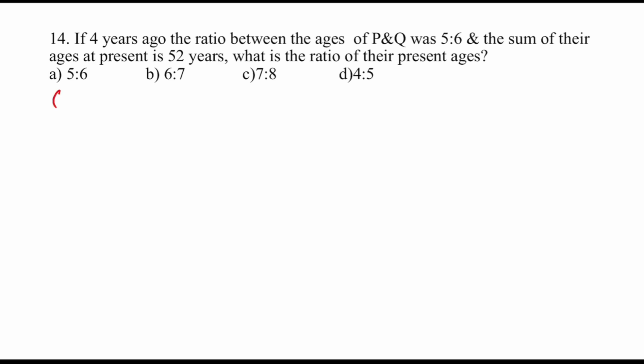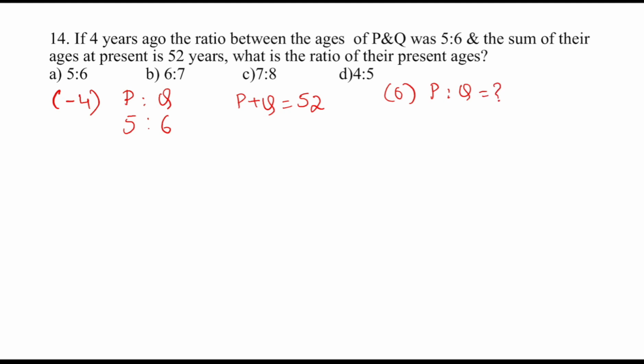Now 4 years ago, the ratio between P and Q was 5:6. And the sum of their present ages is 52 years. So what is the ratio of their present ages, they are asking.